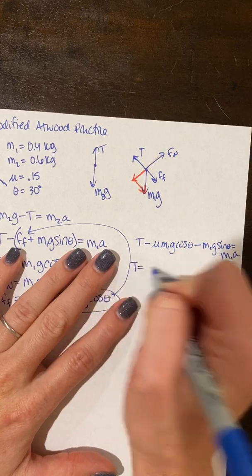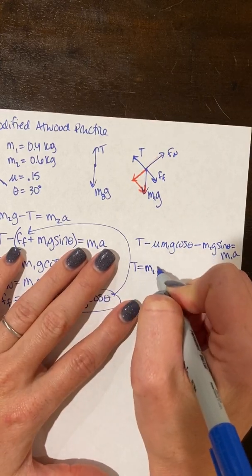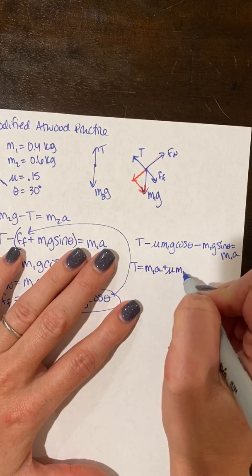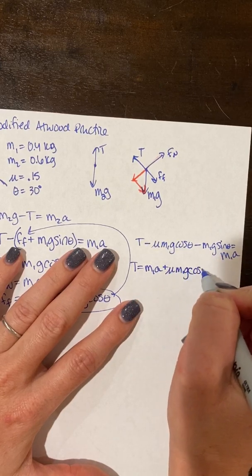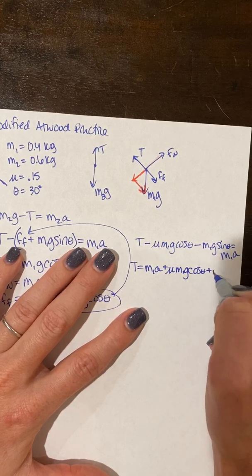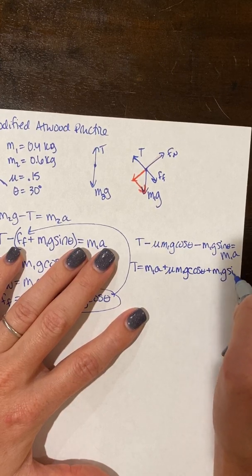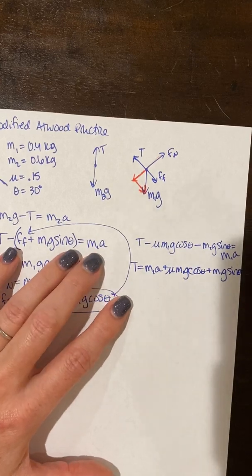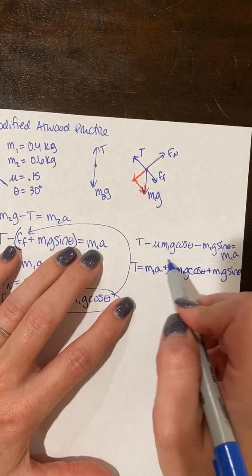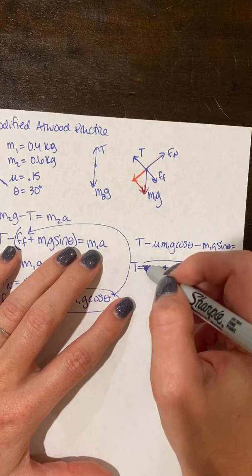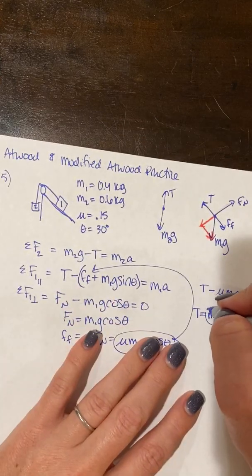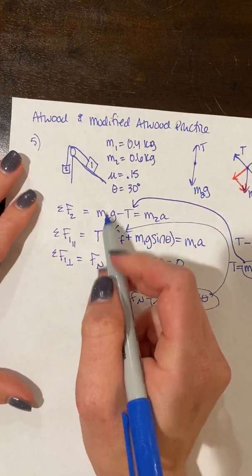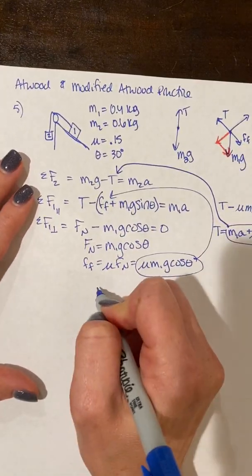So it becomes T is equal to m1a plus mu m1g cosine theta plus m1g sine theta. Now I can take this whole thing and plug it into here. I'm going to write it down here.